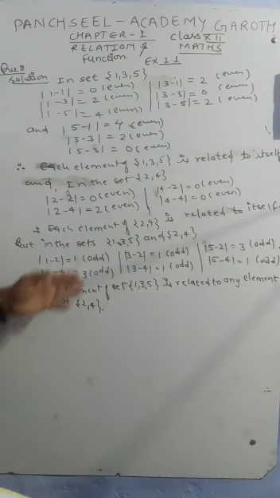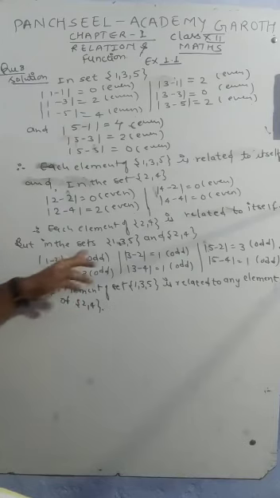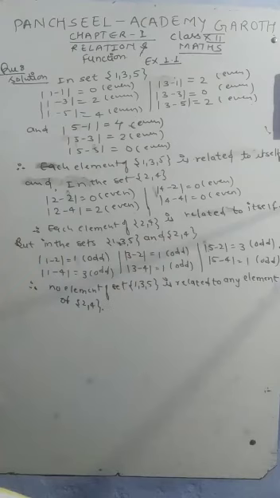Therefore, because odd numbers do not satisfy our relation, no element of the first set is related to any element of the second set, because according to the relation they are not giving even numbers. Okay, we have finished question number 8 and we will go through question number 9 now.